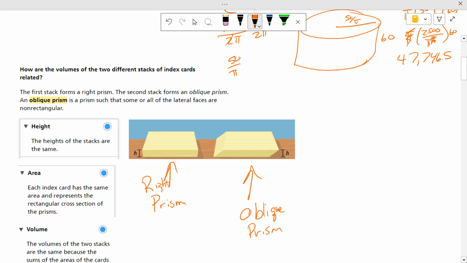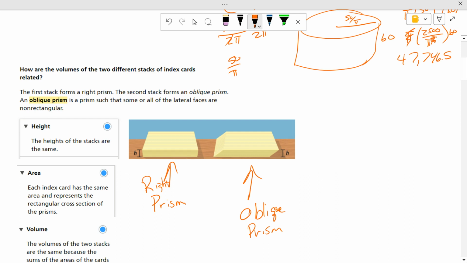All right, I have an example of that in here. So a right prism is straight up and down. An oblique prism is a leaning prism, kind of like the Leaning Tower of Pisa.